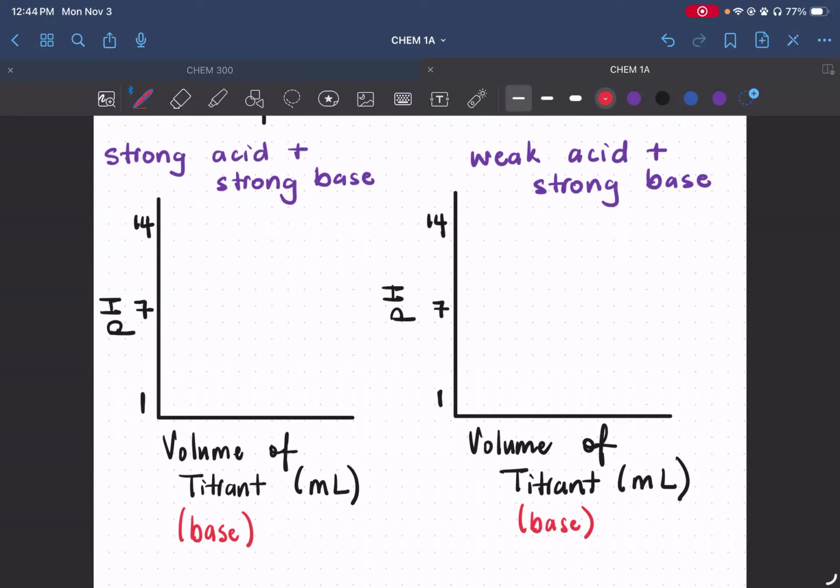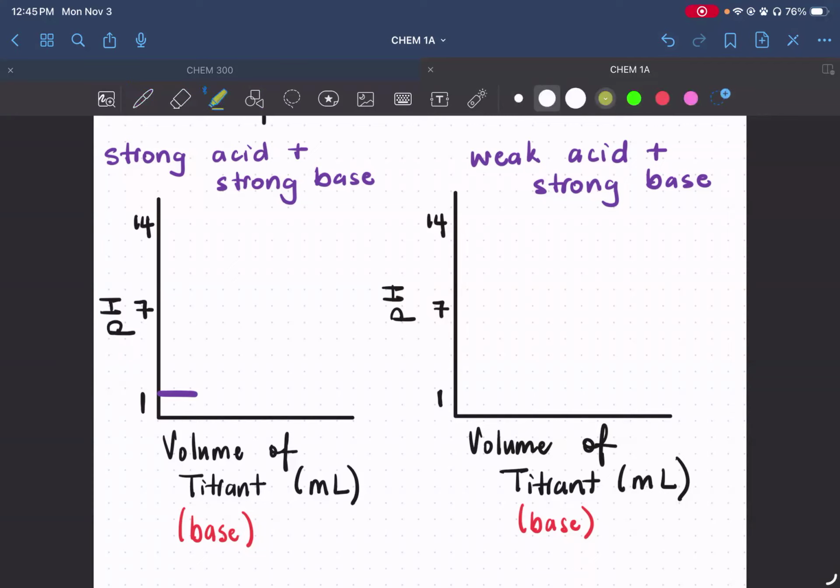At the very, very beginning of this process, we can comfortably say the pH of the flask is acidic. Remember that you're adding sodium hydroxide to a flask. At the very start, the flask is acidic.